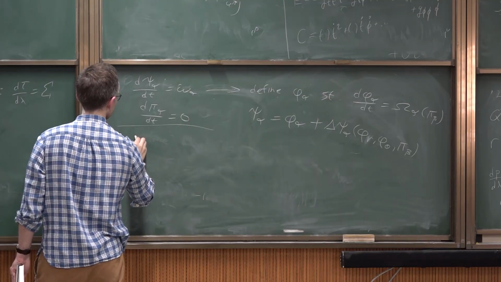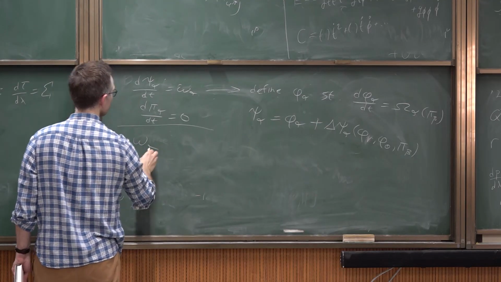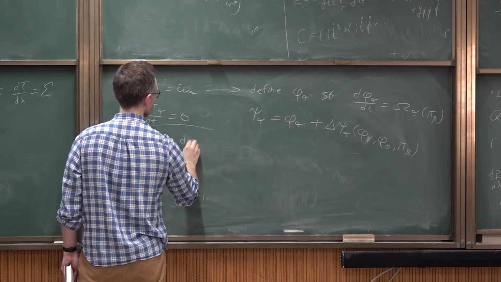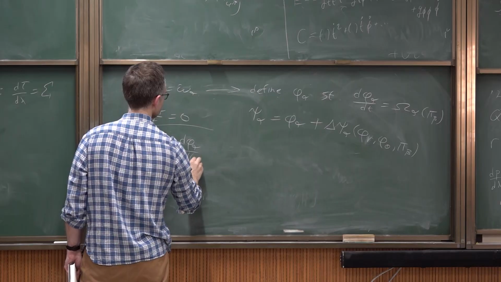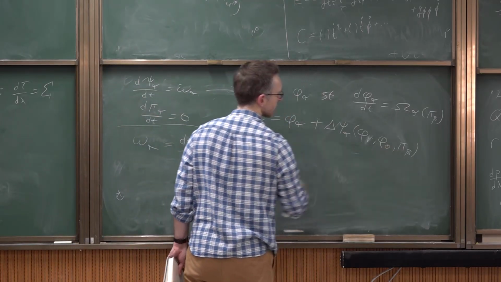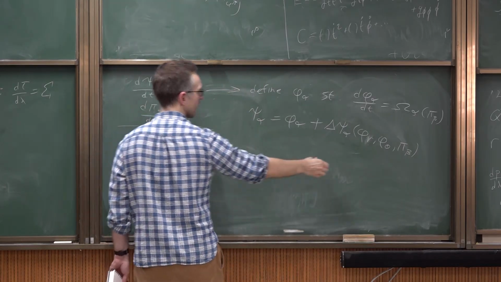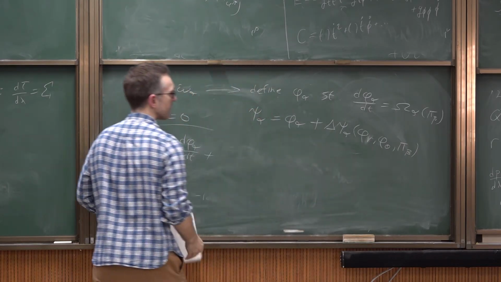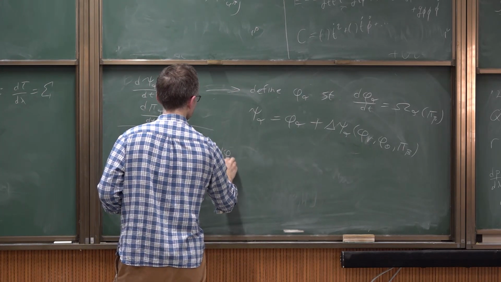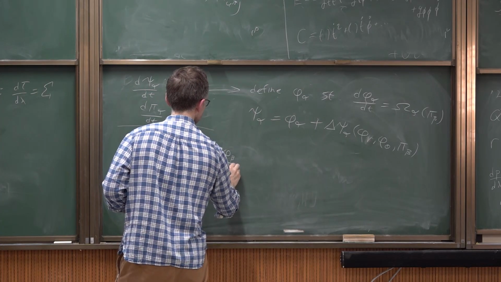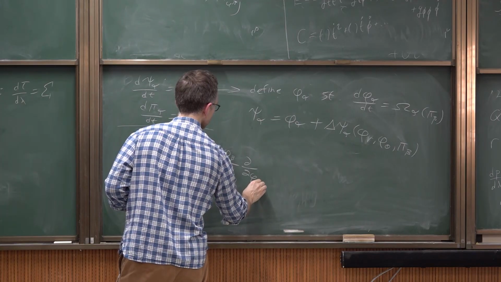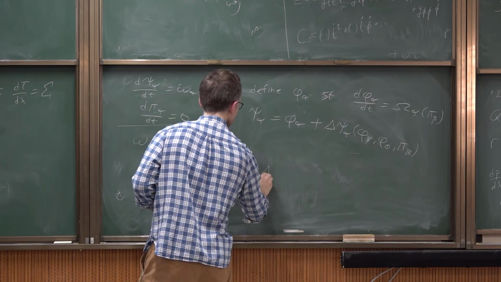So on the left-hand side we get ω_α, and on the right-hand side dΦ_α/dt plus, since the p and e, etc., are constants, when a time derivative acts on this, it's only acting on the phase dependence, the curly Φ's. So we get dΦ_β/dt times the derivative with respect to Φ_β of δψ.